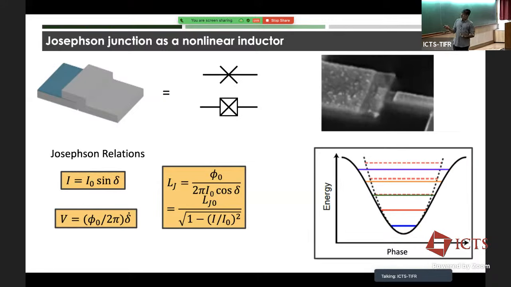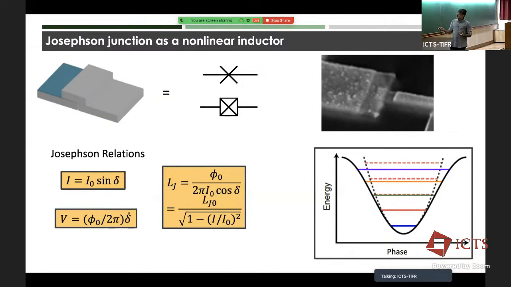And you get this. You can write the inductance in terms of a constant, phi naught over 2 pi I naught, where phi naught is the magnetic flux quantum. There's a constant here, which we often call the linear part of the Josephson inductance, Lj0, divided by cos delta. So it tells you that the inductance depends on the value of delta.